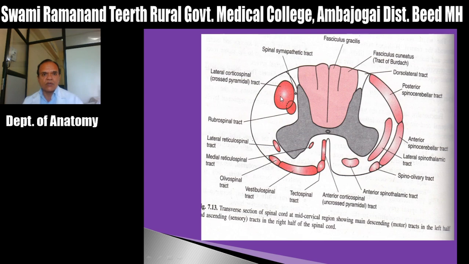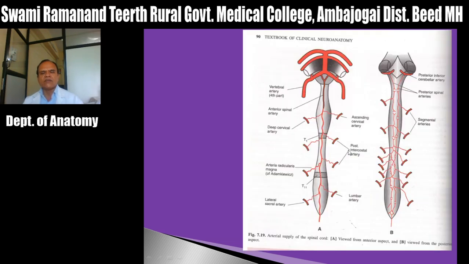Here is the lateral corticospinal tract or pyramidal tract, a descending tract present in the lateral funiculus, whereas this is the fasciculus gracilis, an ascending tract, present in the posterior funiculus. These are also ascending tracts, present again in the lateral funiculus and the anterior funiculus. A few of them are ascending and a few are descending. We will learn in detail about that, don't worry.